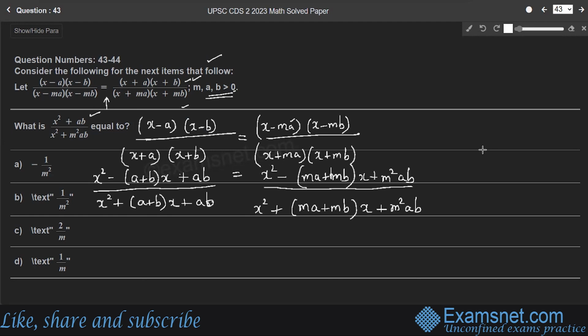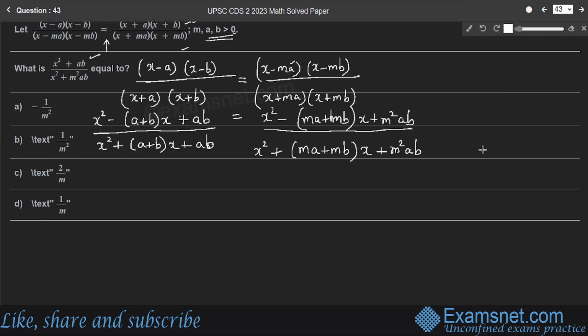Now students, we'll club x square and ab together. We'll write x square plus ab first, minus a plus b into x, whole divided by, again clubbing x square and ab together, plus a plus b into x.